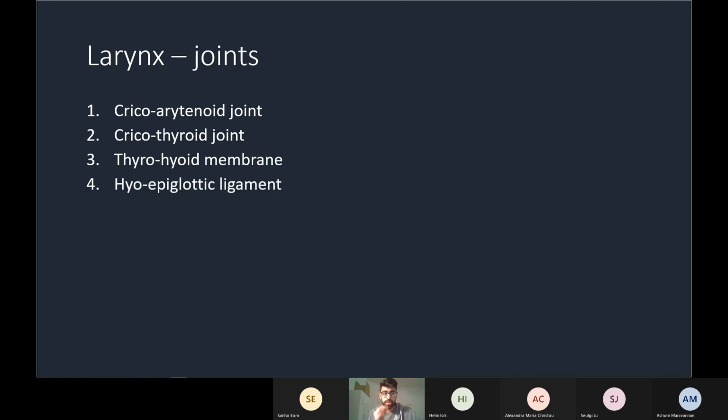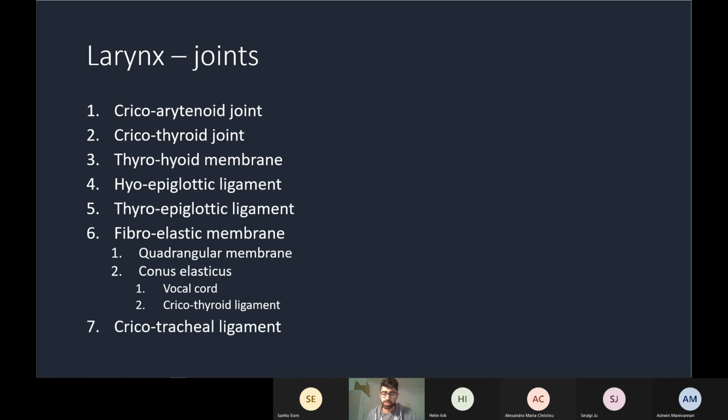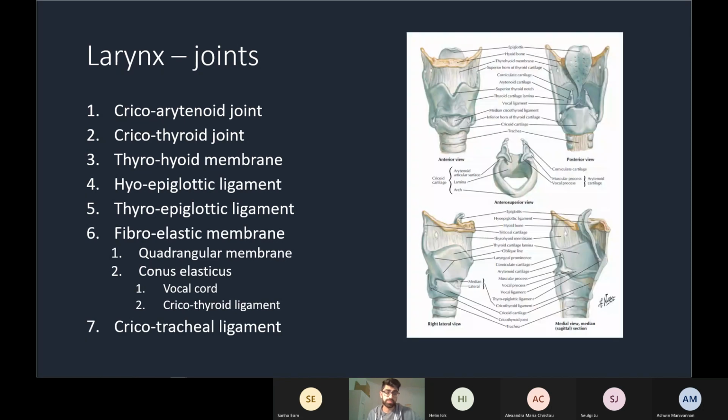So cricoarytenoid, and just one thing I wanted to mention, I've actually hyphenated these joints to make it easier for you to understand. The reason I've hyphenated them is because it makes learning them so much easier, yeah? Because you can see very clearly what two cartilages are involved, what two parts of the cartilage are involved.